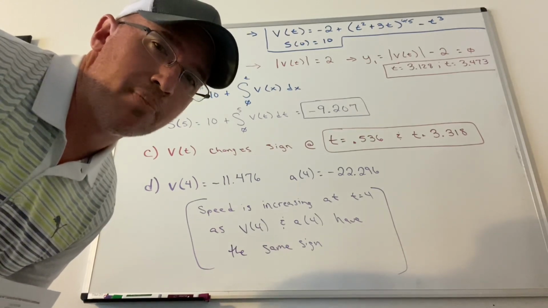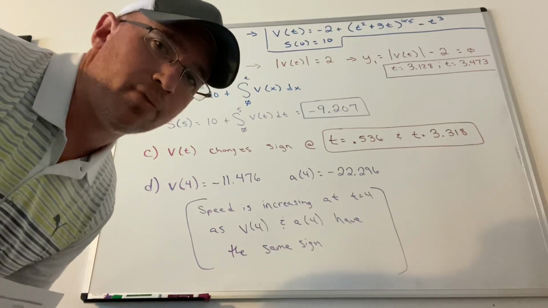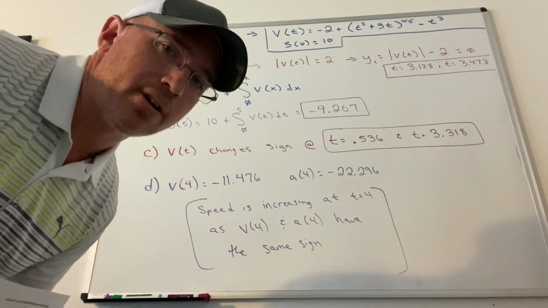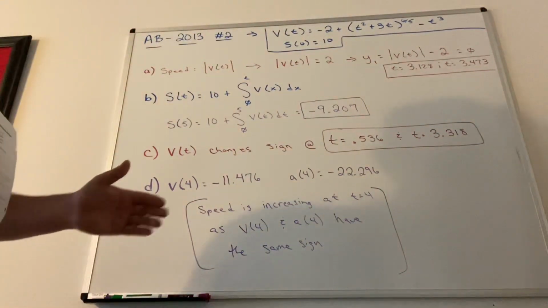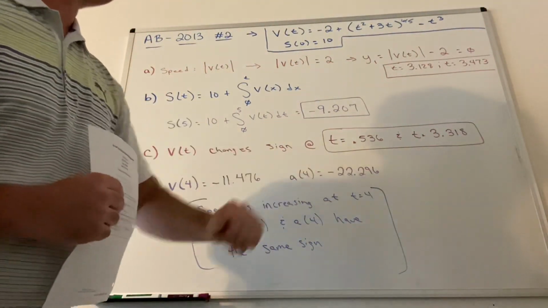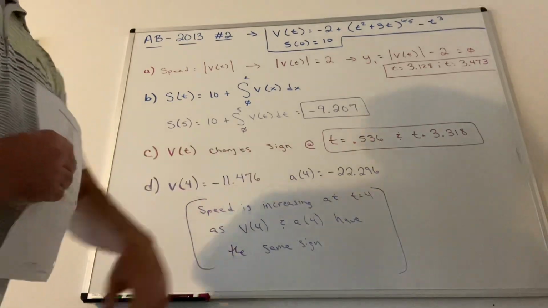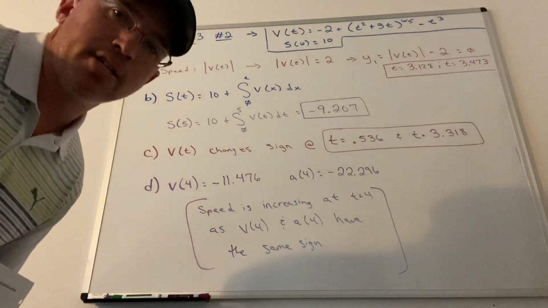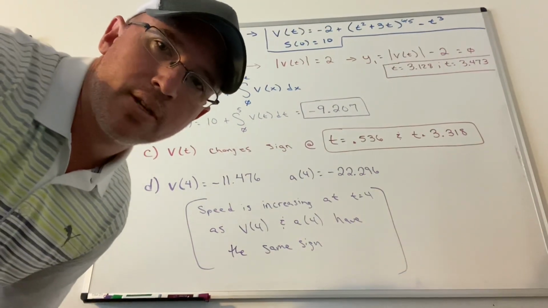So I think math 8 gets you to your derivative, and then type your velocity equation in, and you're deriving it at time 4, and that'll give you the acceleration at time 4, which is negative 22.296. Both of those are negative, so the speed is increasing because velocity and acceleration have the same sign. All right.